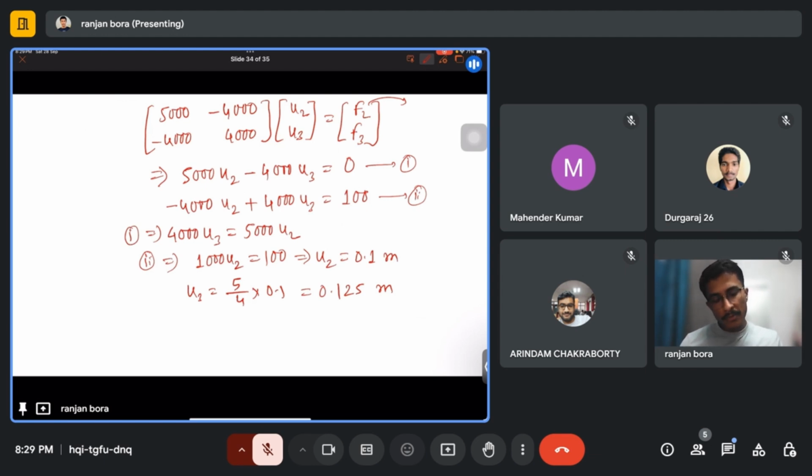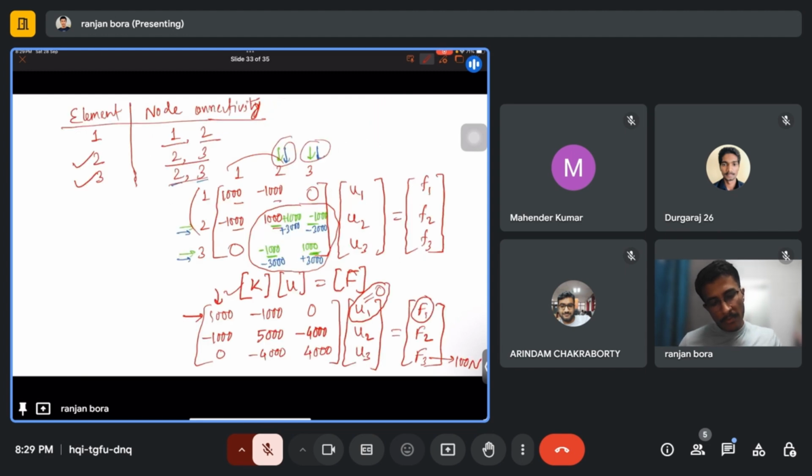And u1 was already 0, so we know the values of u2, u3, and u1 is known to us. We don't know the value of f1. How will we find the value of f1?